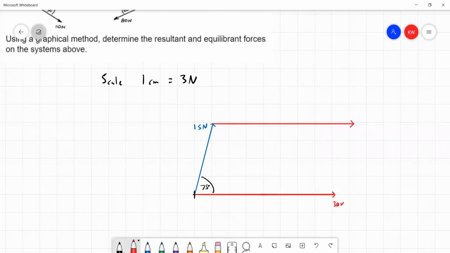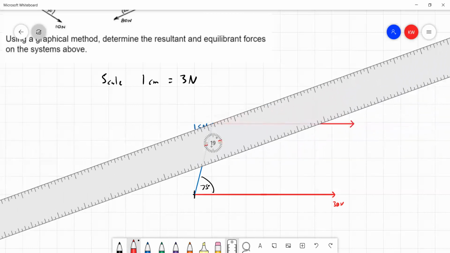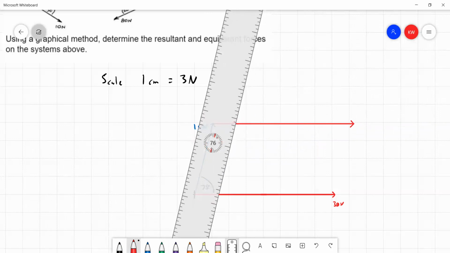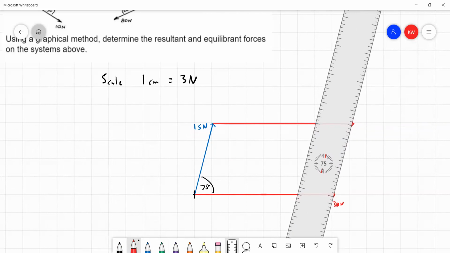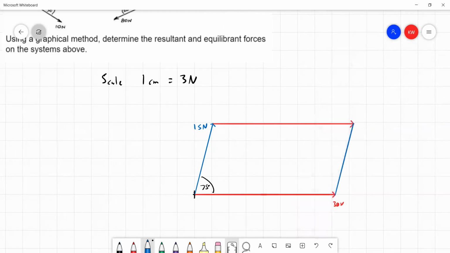And then we'll do the same with our second vector. Make sure we've got an angle pointing up at 75 degrees. That lines up with the ends and it's 5 centimetres long. And we can draw in a line here, completing our shape. And again, giving us the end point of our resultant.